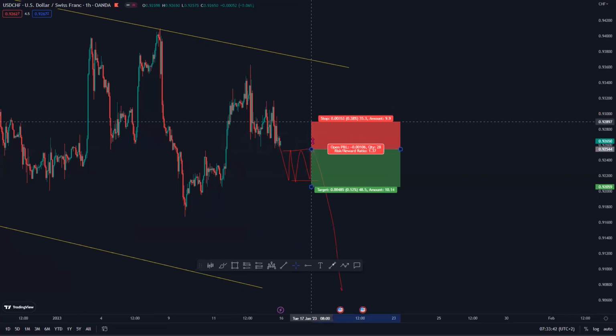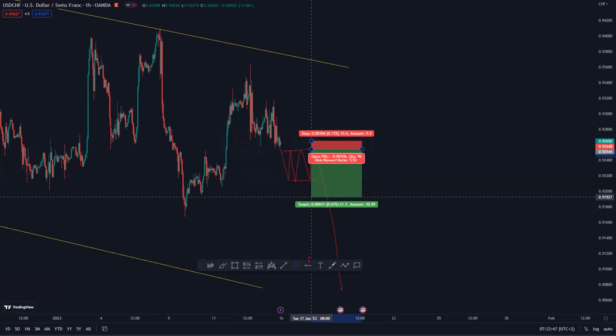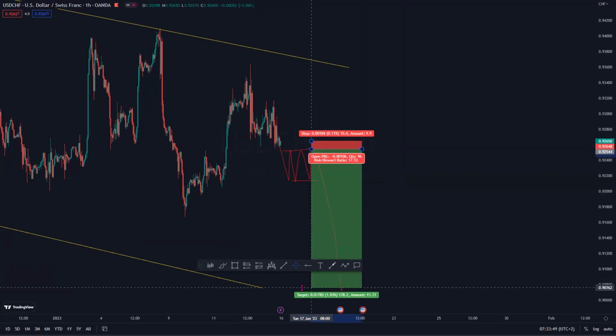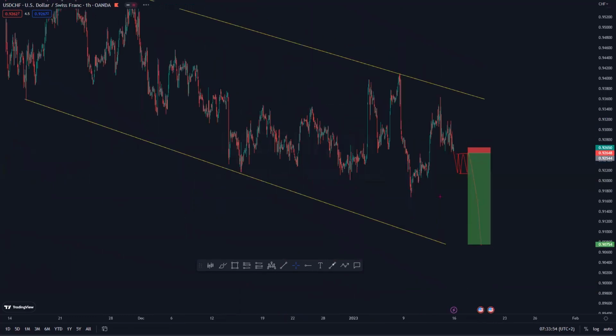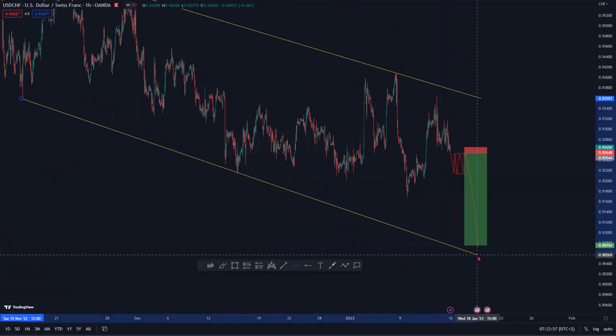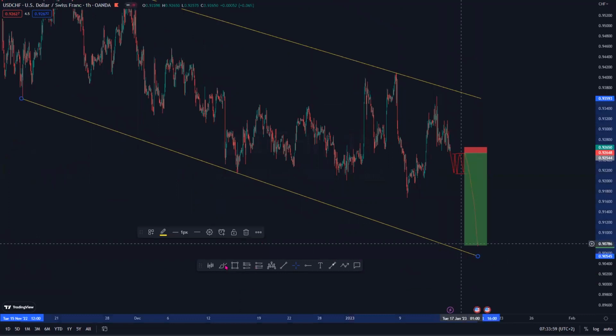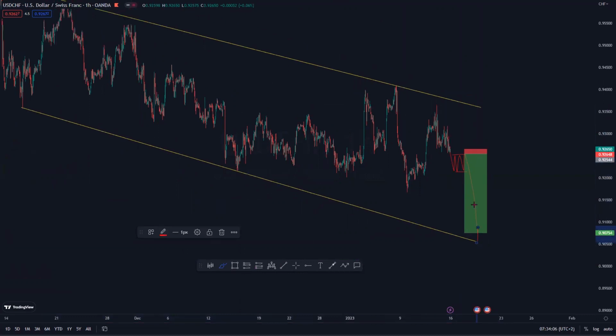If it doesn't happen, it's okay, I'll wait for the market to shoot to the downside and give us a third touch before going to the upside. It is better to wait than to take unnecessary trades, because you'll end up losing.